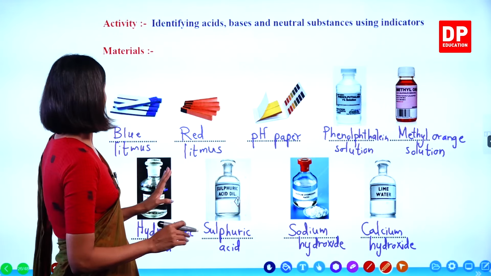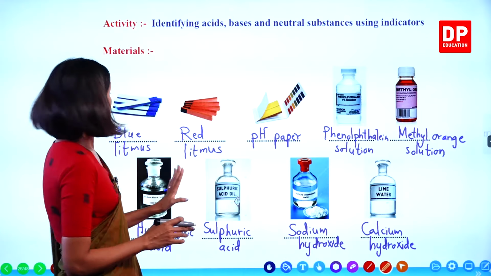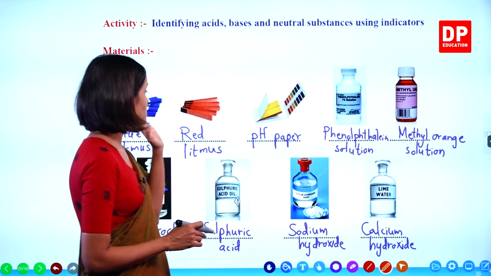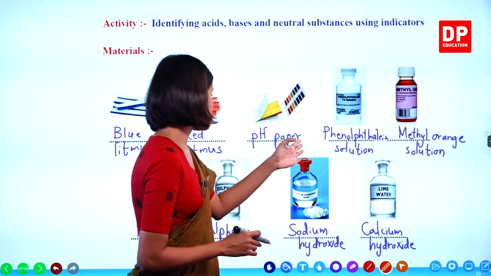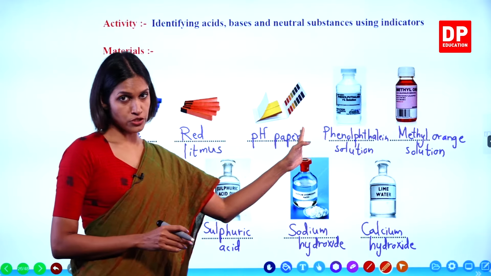Okay. As indicators we use blue litmus, red litmus, pH paper, phenolphthalein solution and methyl orange solution.